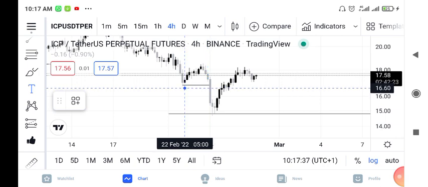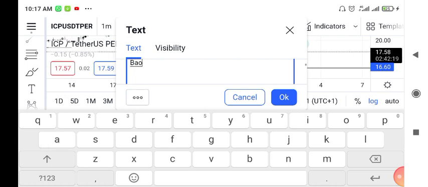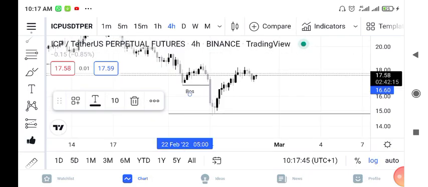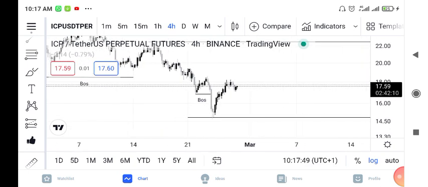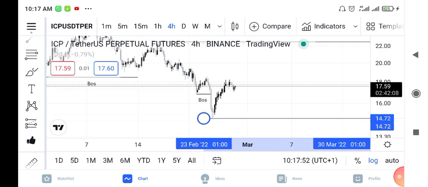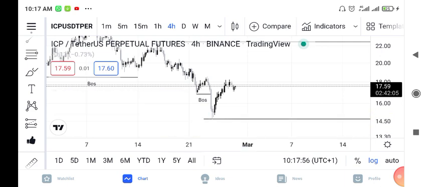Break of structure, BOS. So that's our most recent break of structure with the high, with the low also. That's our most recent break of structure.